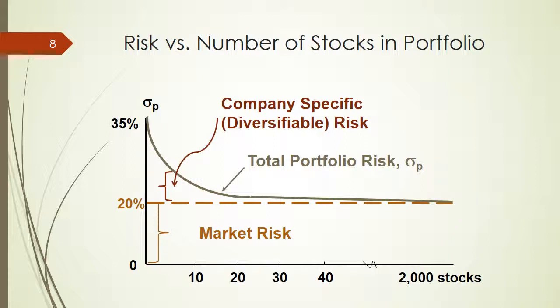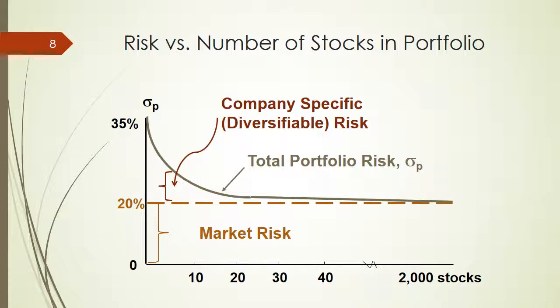The reason we do a portfolio is that we can diversify and minimize the risk. As we include more and more stocks in the portfolio, we can minimize the diversifiable risk, which is unsystematic risk.